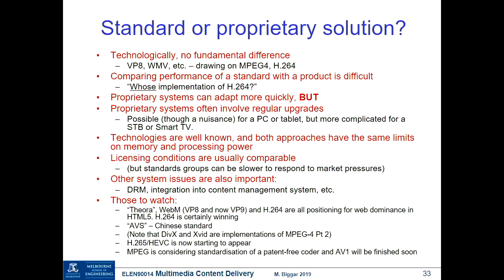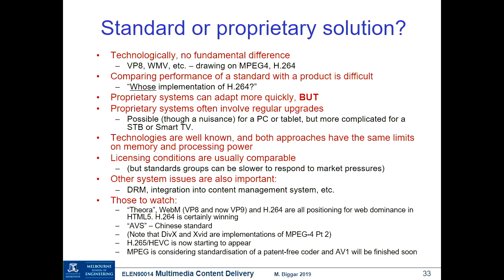But if you're changing something often, then that requires regular upgrades, and upgrading things is becoming more straightforward or more routine, but it can still be complicated for things like a set-top box or a smart TV, which may or may not be internet connected.